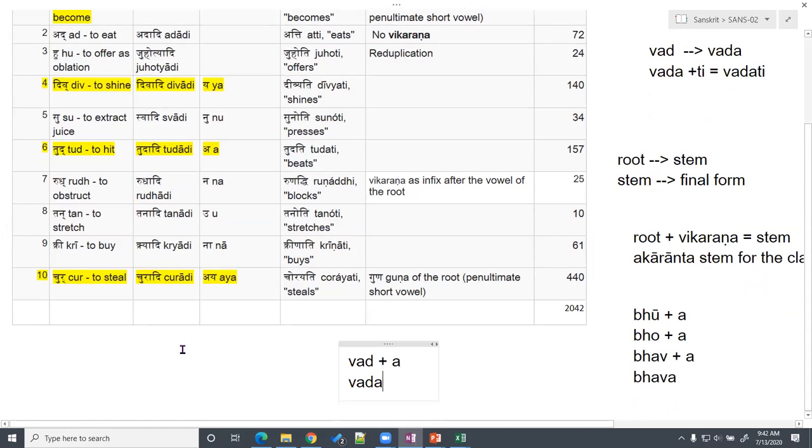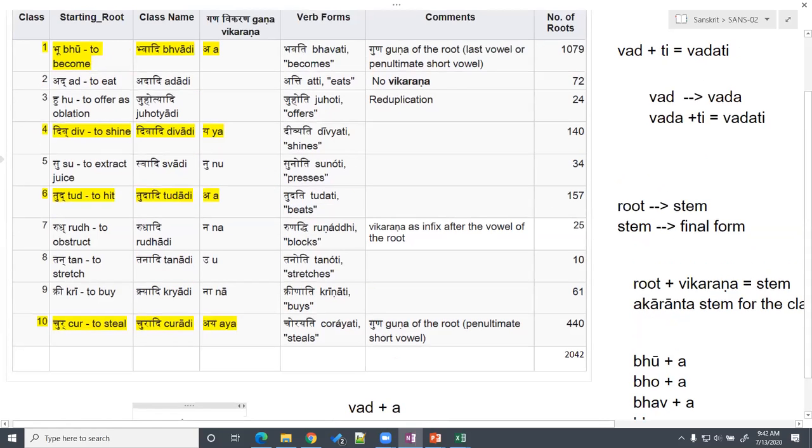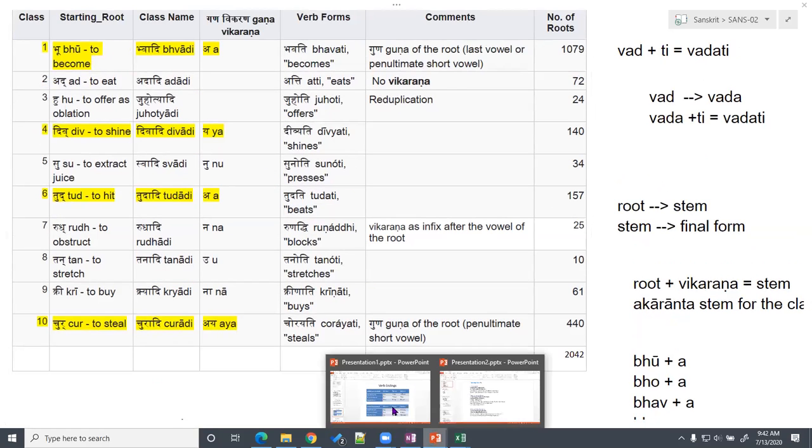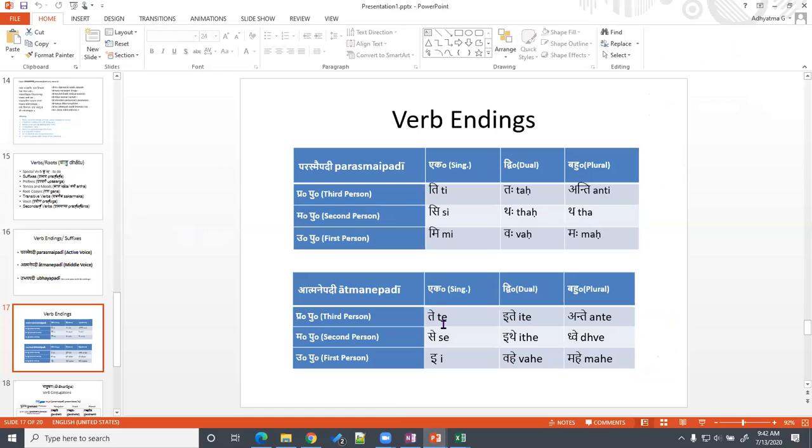For example, man, if man is the root belonging to class 4. So all you have to say is man plus ya, and my stem would become manya. And that's it. Manyate, it's an atmanepada form. So I'll say manyate, manyete, manyante, like that.